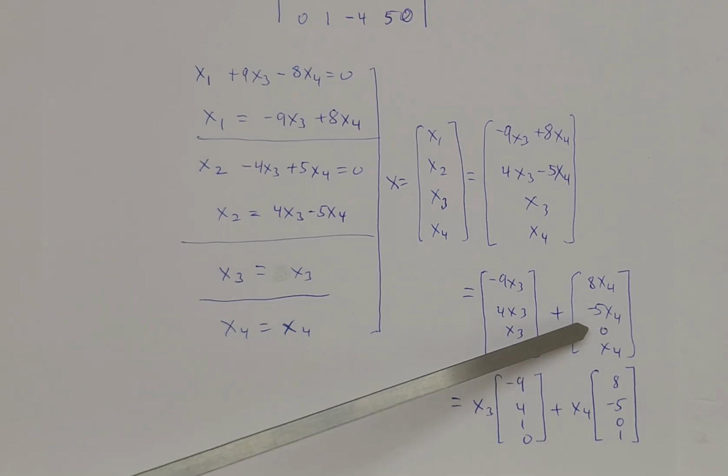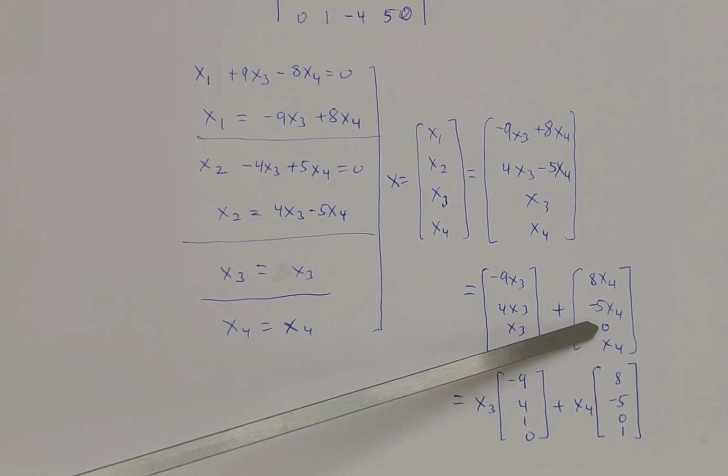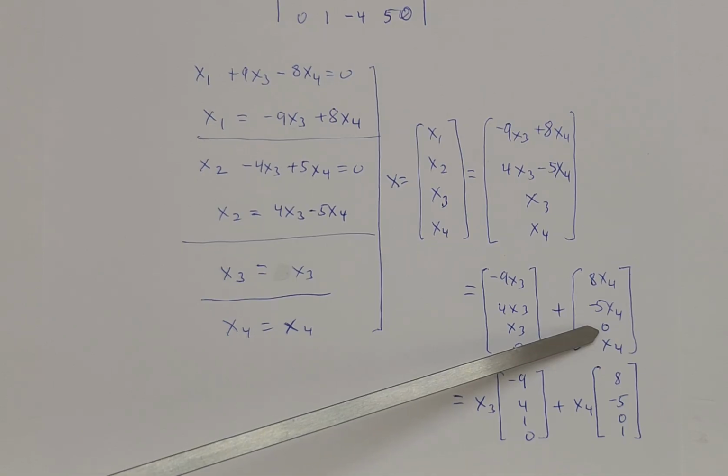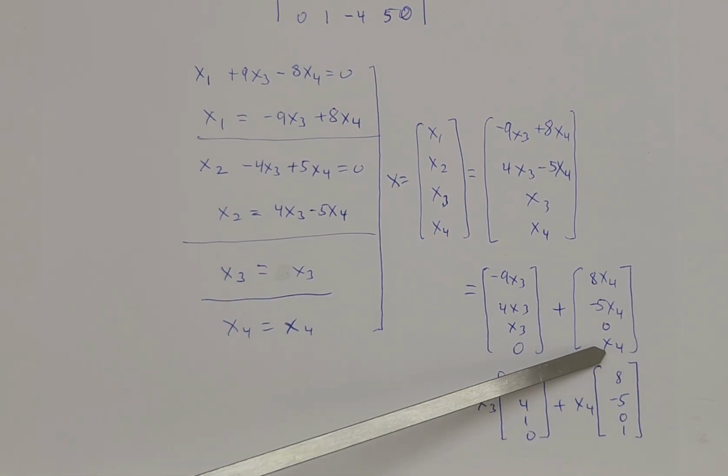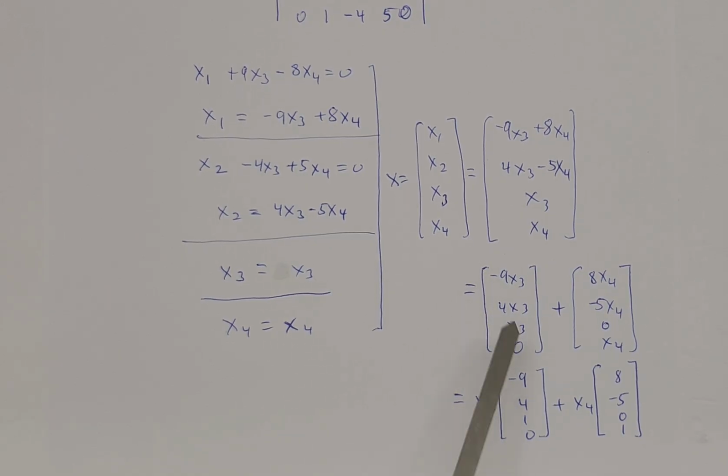Now we want to write it so it looks nice and neat. So bring out the x3: it's just -9, 4. Since this is a free variable, we will write a 1. Every time there's a free variable, we write a 1.